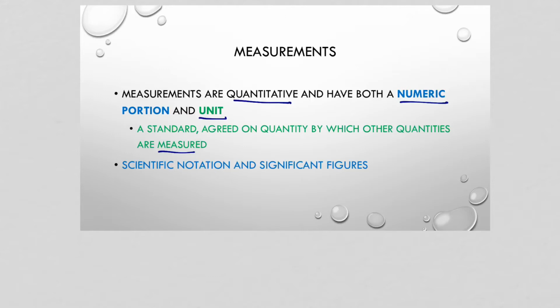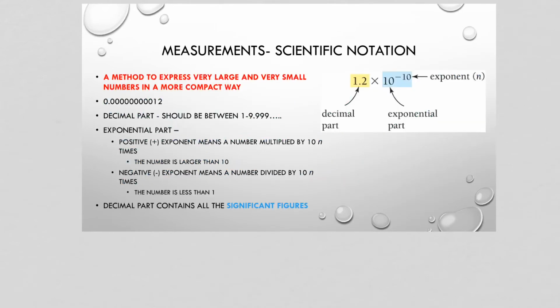Now, in this segment, we're going to talk about the idea of scientific notation, and in our next video, we're going to pick up and talk about significant figures, two important concepts when we get to understanding measurements. So let's turn our attention to scientific notation.